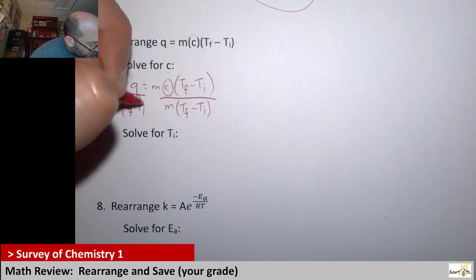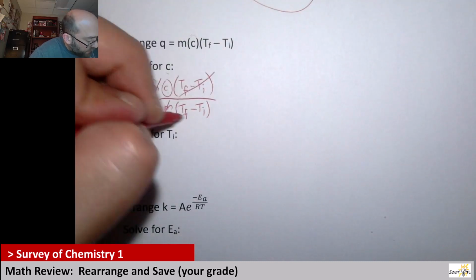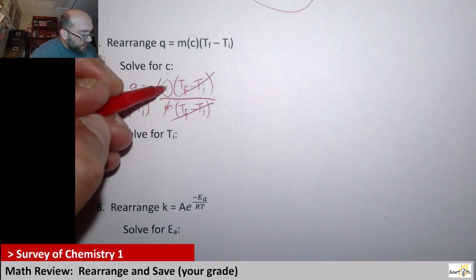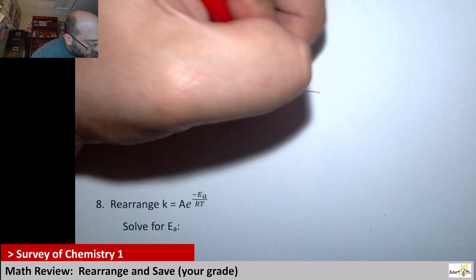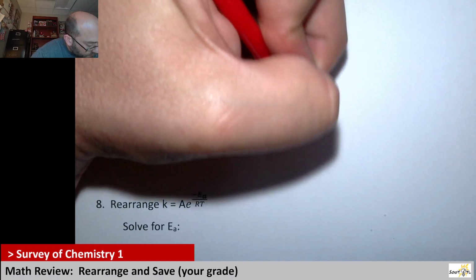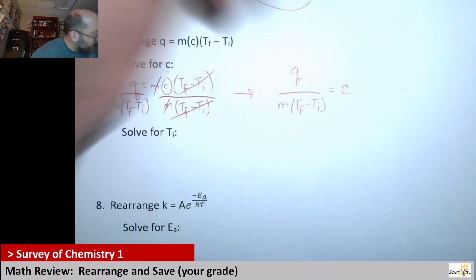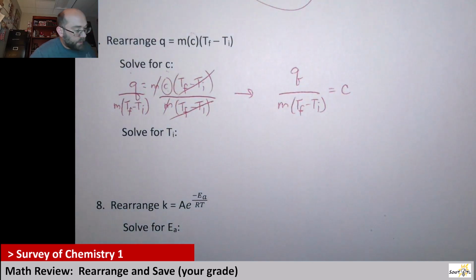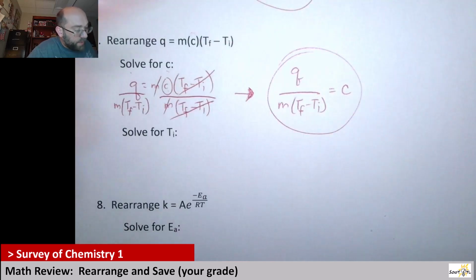Here the M cancels, here the TF minus TI cancels, so that means I do get C by itself. Cleaning it up, I get Q over M times TF minus TI is equal to C. So that would be solving for C.